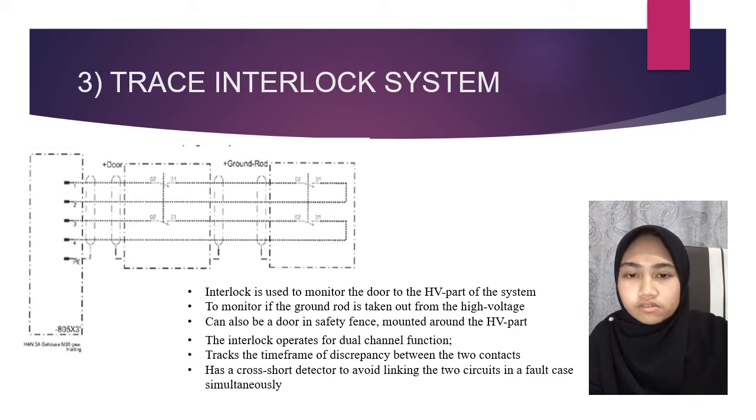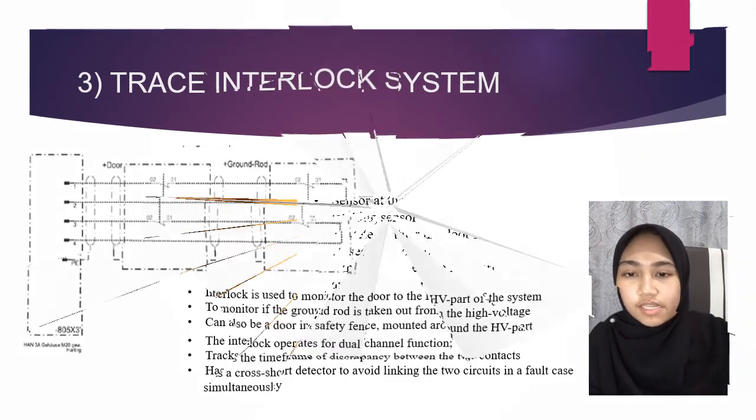The interlock operates with a dual channel function. Therefore, it tracks the time frame of discrepancy between the two contacts and also has a cross short detector to avoid linking the two circuits simultaneously in a fault case.